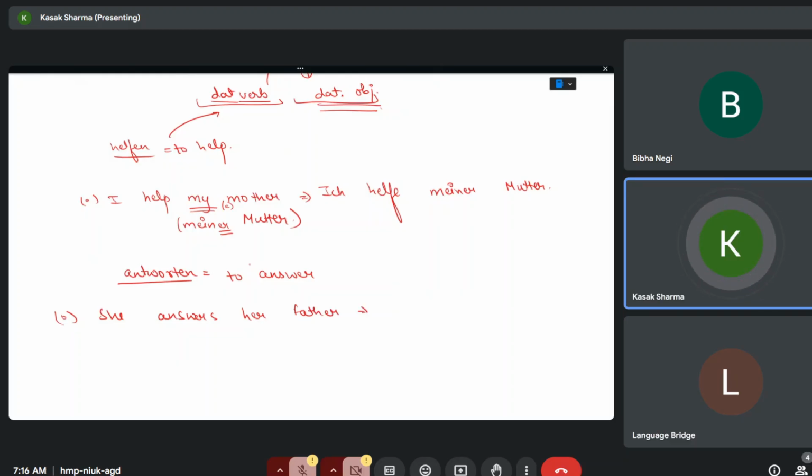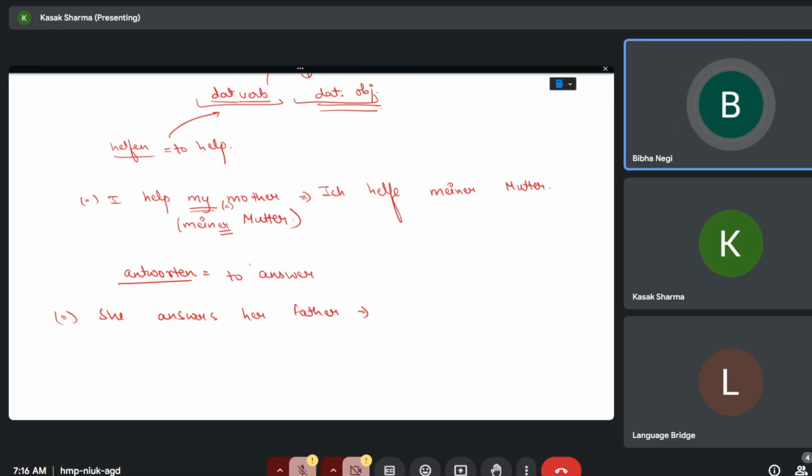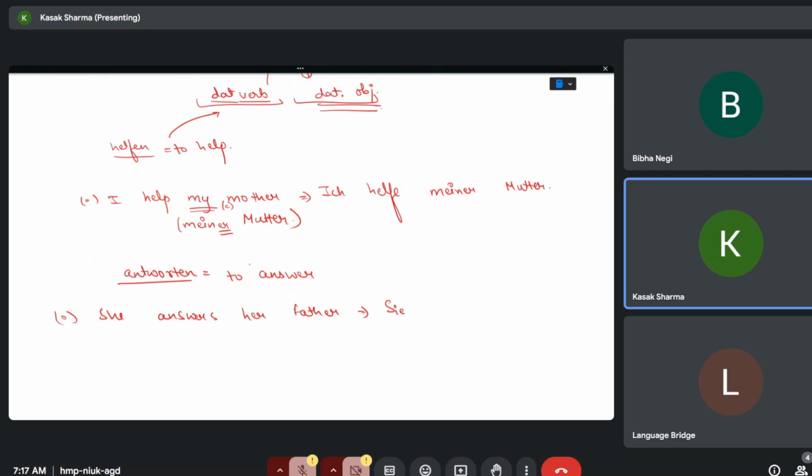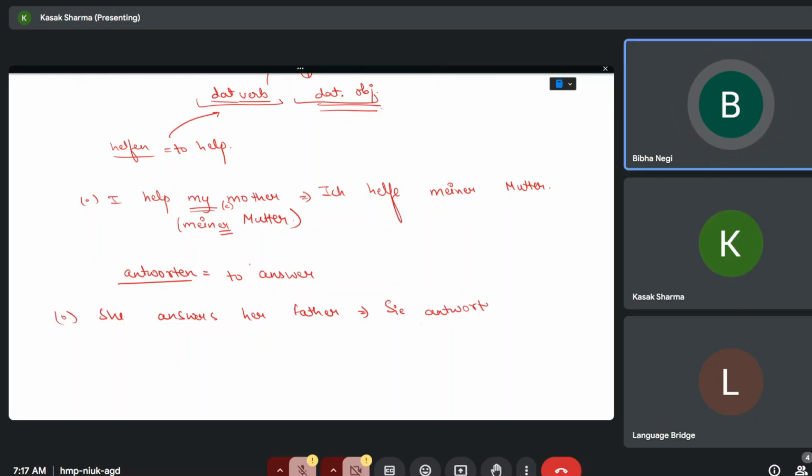Can you try this one? Sie antwortet. Conjugate, she, according to the rule. Antwortet.